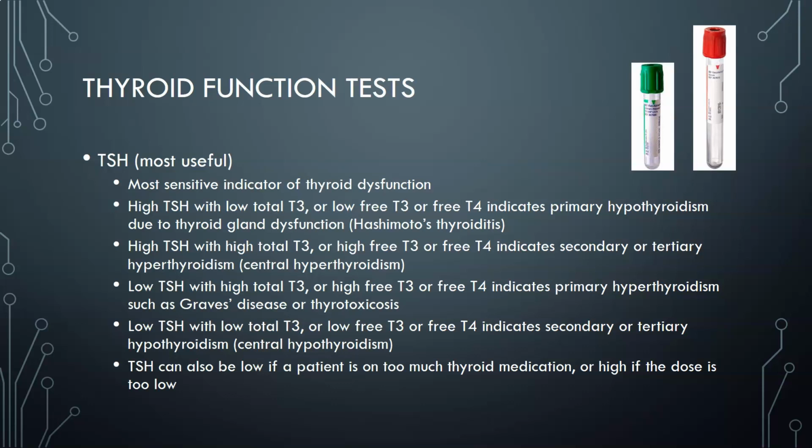Okay, so then if you have a low TSH and a high total T3 or high free T3 or free T4, then you would be in primary hyperthyroidism. So again, your thyroid itself is overproducing the thyroid hormones and not at the direction of the pituitary, which is why the pituitary turns down the production of the TSH, because it senses that there's already too much thyroid hormone, and so it's like, no, we don't need to make TSH because there's already too much thyroid hormone.